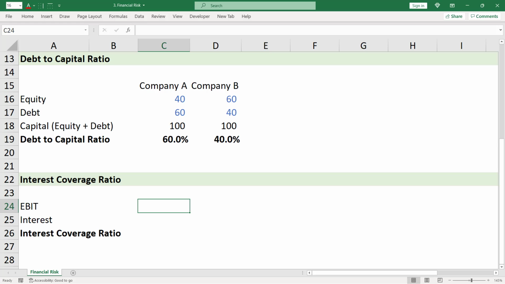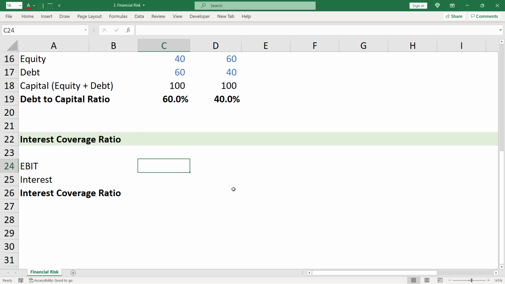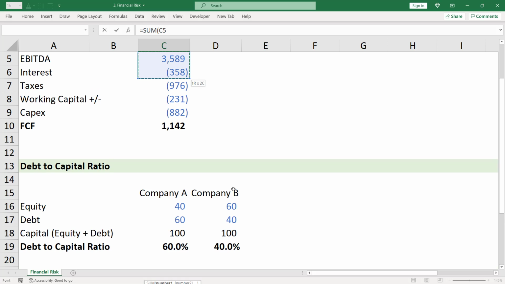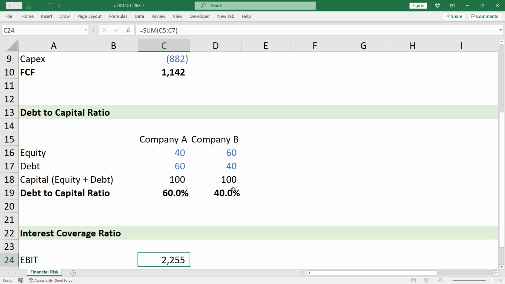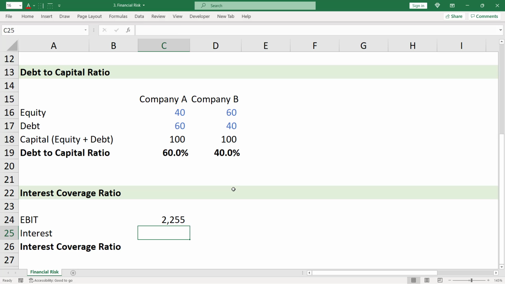To calculate the interest coverage ratio, I will take EBIT and interest from the exercise above. My EBIT will be a sum of EBITDA, interest and taxes, as interest and taxes are negative here. So it will be 2,255.